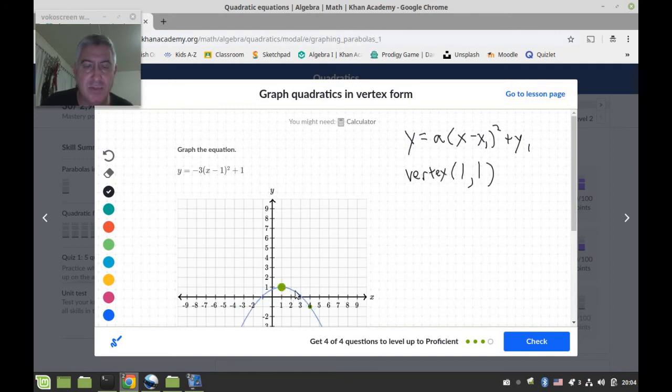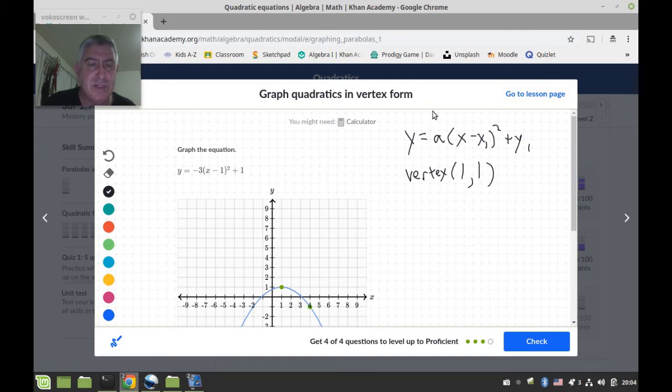And now I know I'm going to have some zeros here, so I think I'm going to find out probably where one of the x-intercepts is. But maybe I could just put in 0.